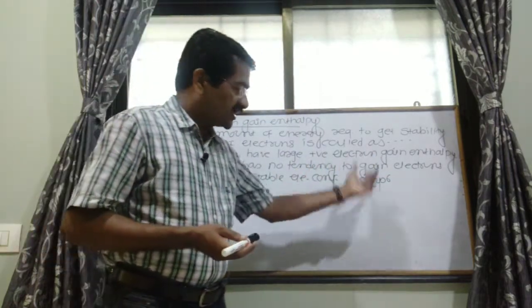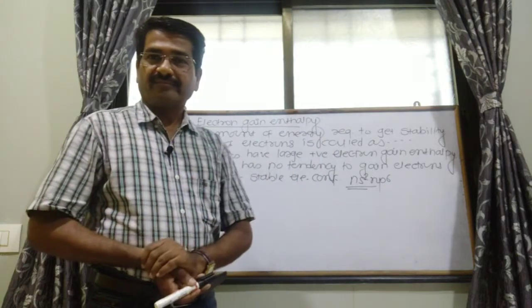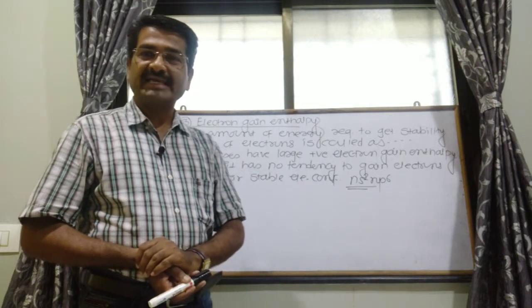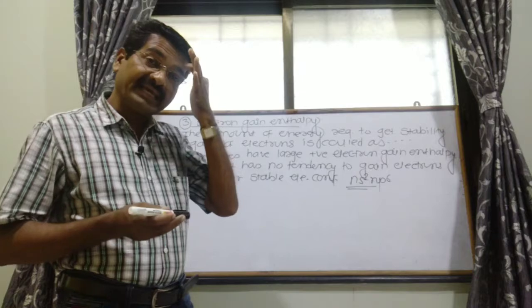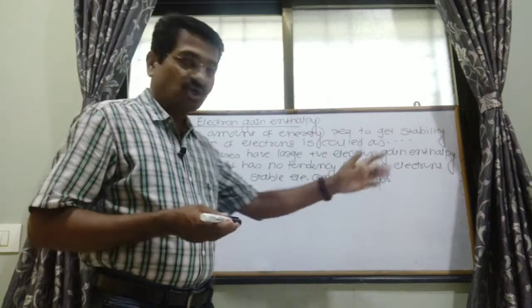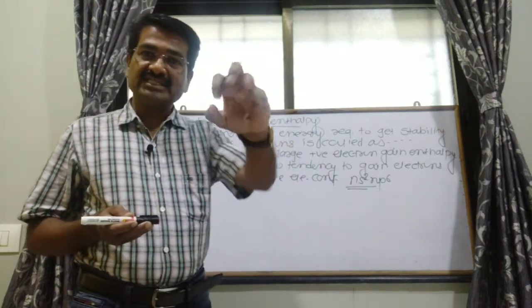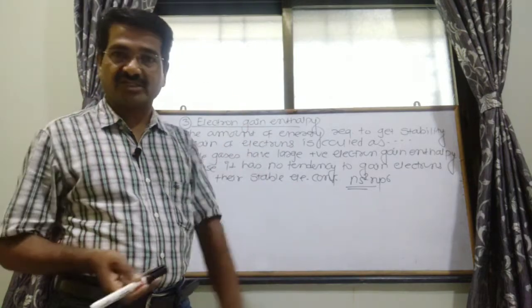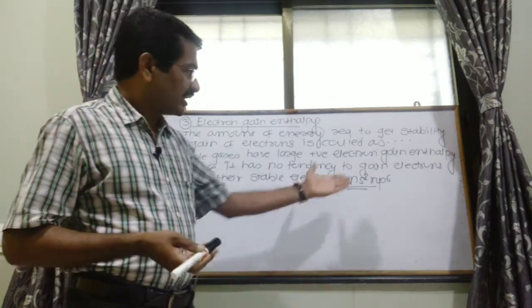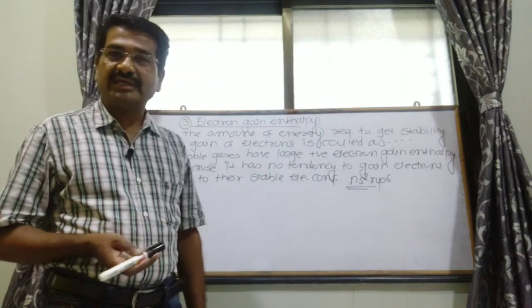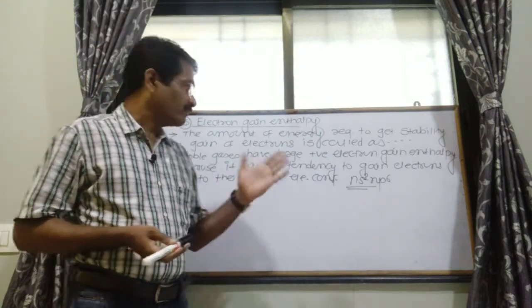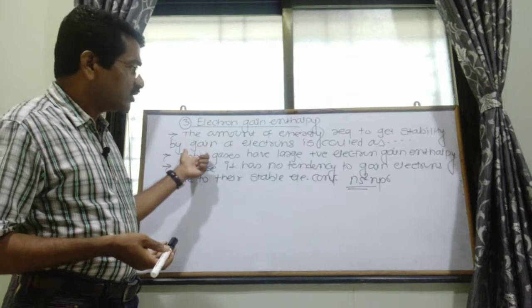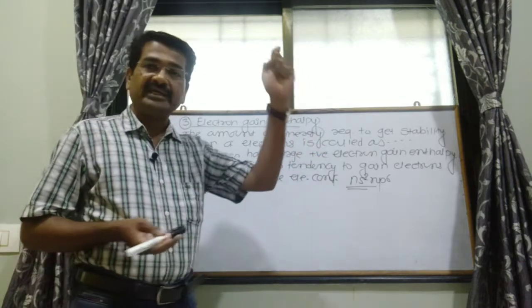This is the general electronic configuration of G18 elements, that is noble gases. All the noble gases do not have a tendency to gain electrons, because these are already stable in nature, containing 8 electrons in their outermost shell. So they show large positive electron gain enthalpy.